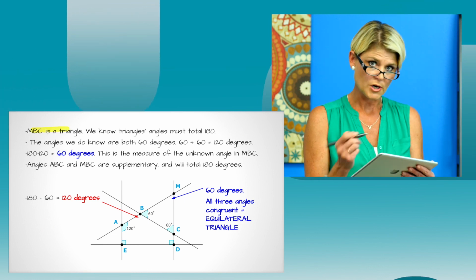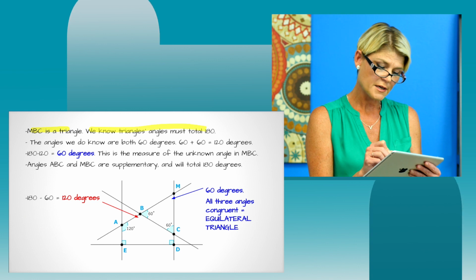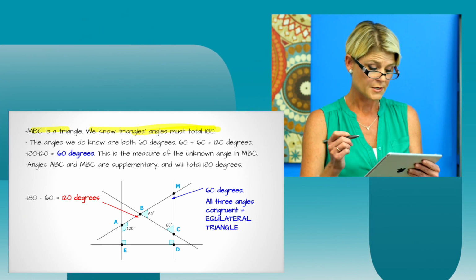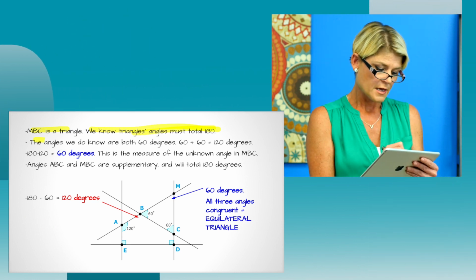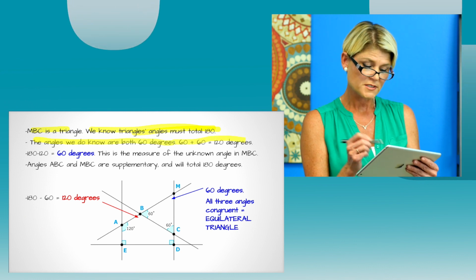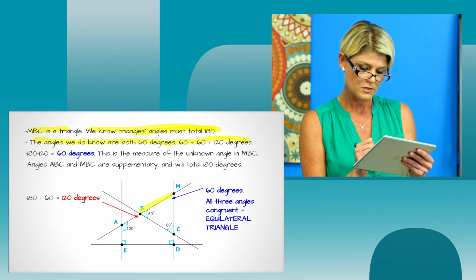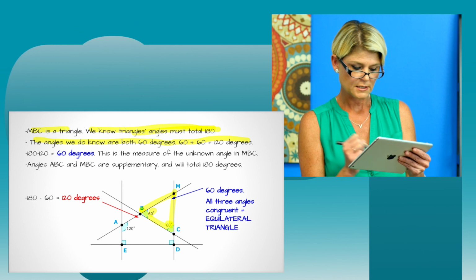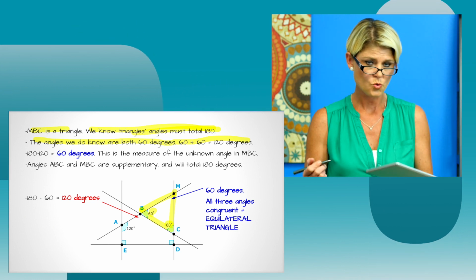So we know MBC is a triangle, and we know that triangles' angles must total 180 degrees, right? The angles we do know are both 60 degrees in this triangle. 60 and 60. Well, 60 plus 60 is 120.